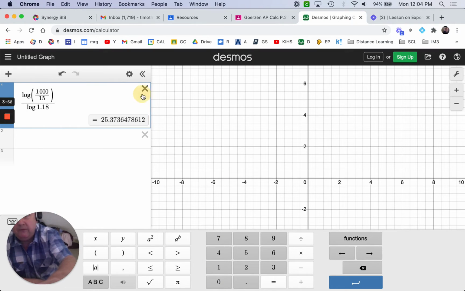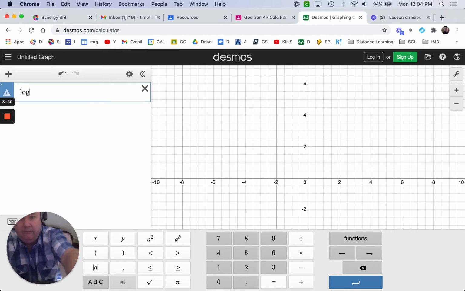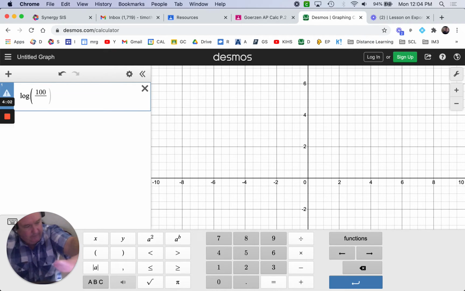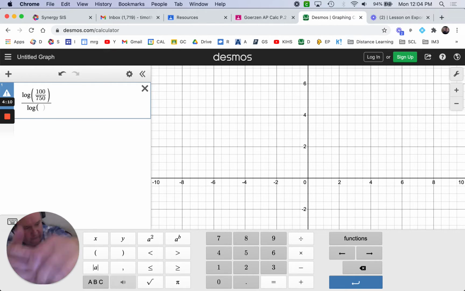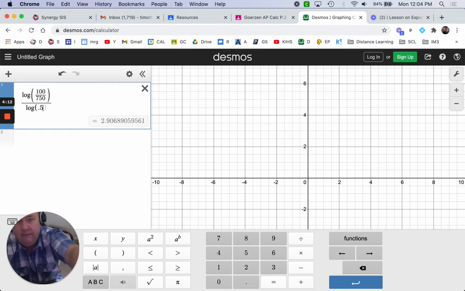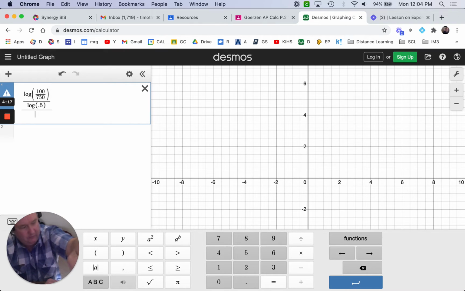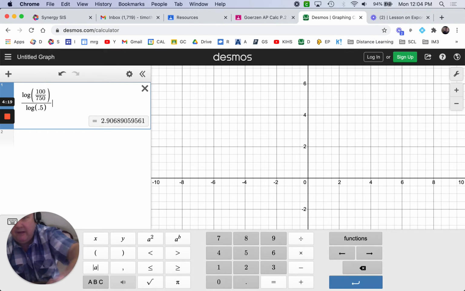So to type this in the calculator, we're going to type in log. So it's log 100. So we're going to use parentheses. So it's 100 divided by 750. Move the cursor. Divided by log, parentheses, 0.5. Move the cursor. Divided by, no, not divided, times. So now it's times 3. Done. So you get the answer 8.72.